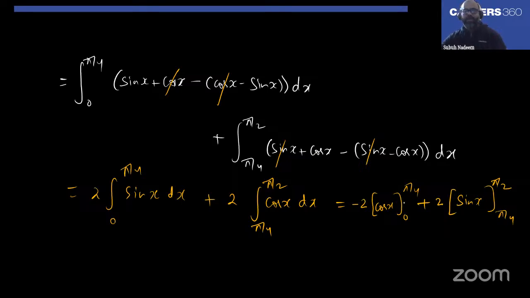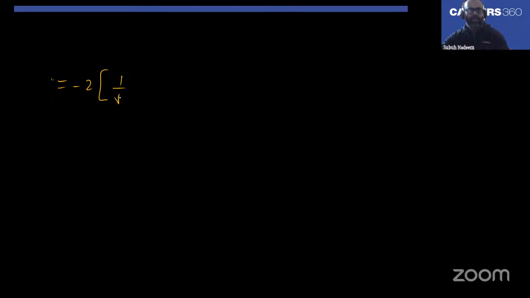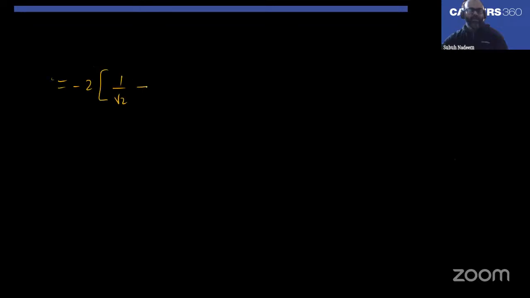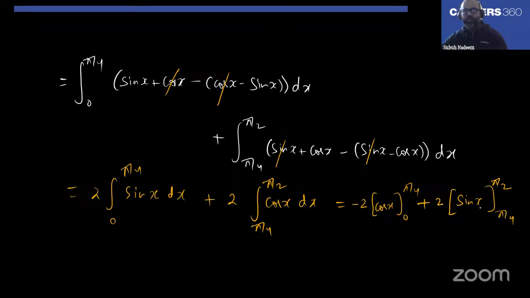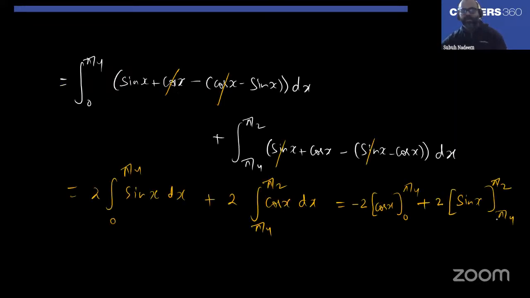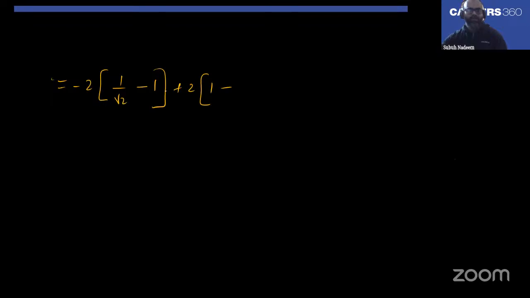So this becomes minus 2 into cos pi by 4, which is 1 by root 2, minus cos 0, which is 1. And then we have plus 2 into sin pi by 2, which is 1, minus sin pi by 4, which is 1 by root 2. So what it becomes?